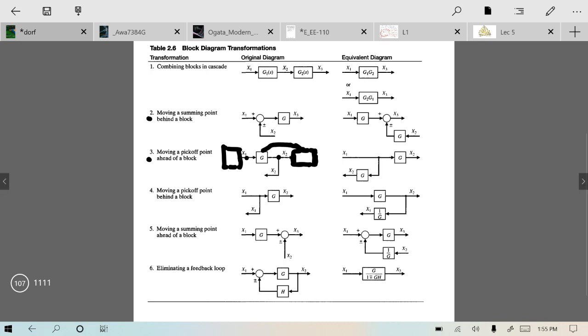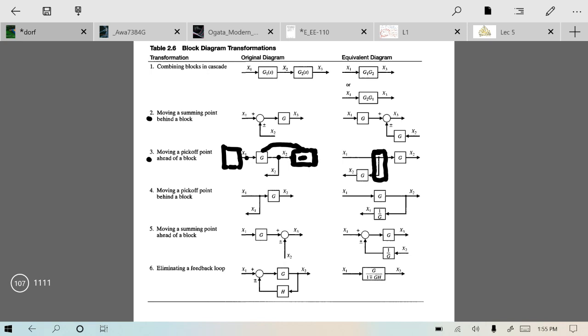So if you want to join this G with something over here, then obviously you cannot join unless this pickoff point is removed from here. So you want this pickoff point to be removed, hence you pick this signal from here.